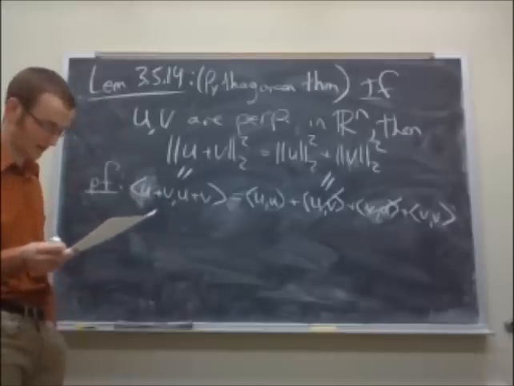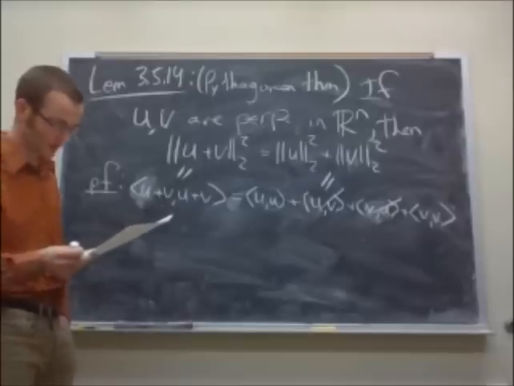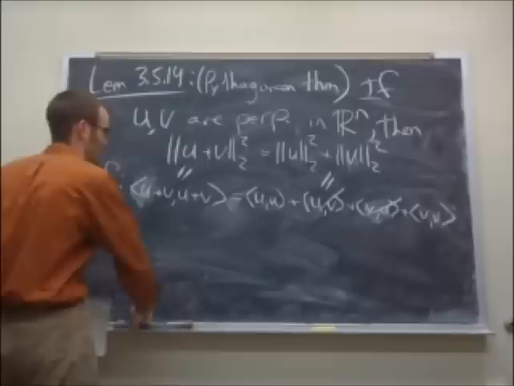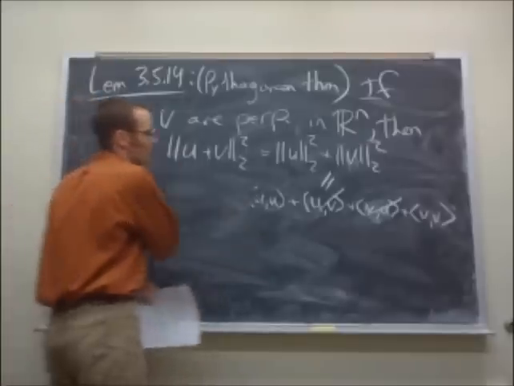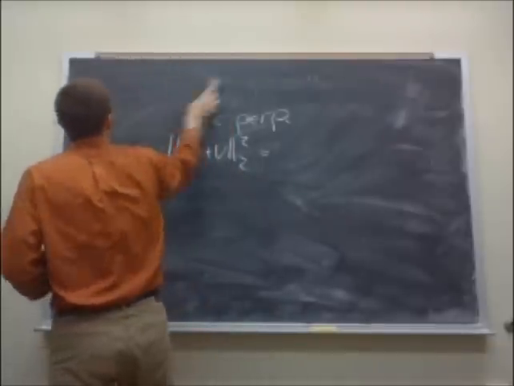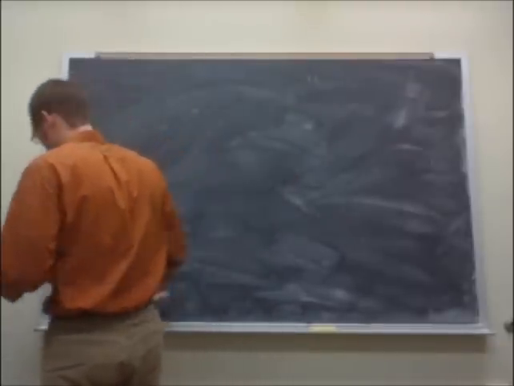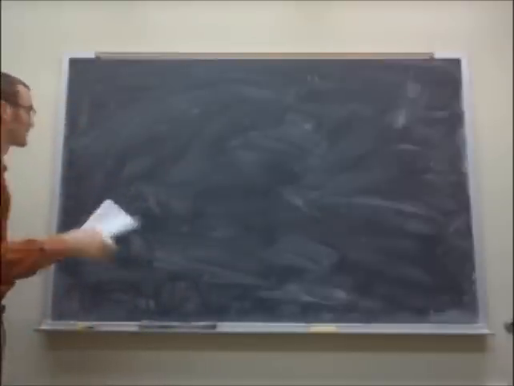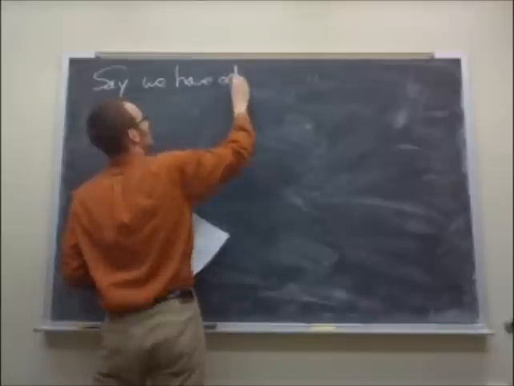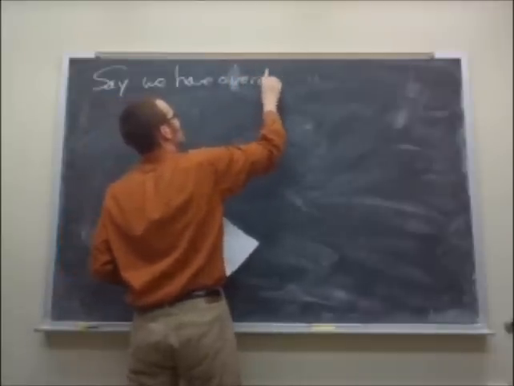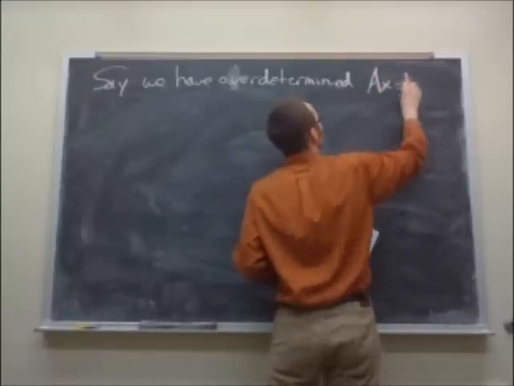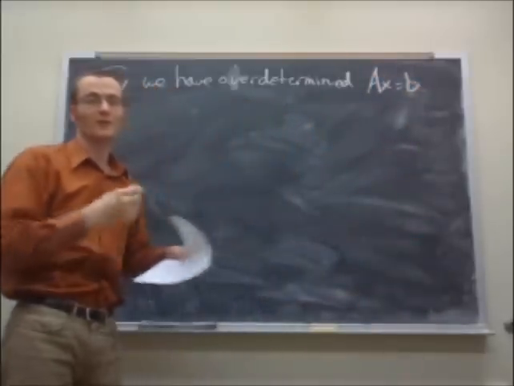Whew. All right. So let's talk about something else now. I want to go back to the least squares problem for a second. So, let's say we have an overdetermined problem, Ax equals b.